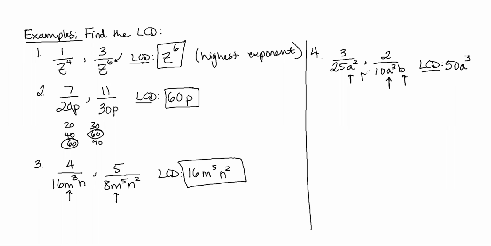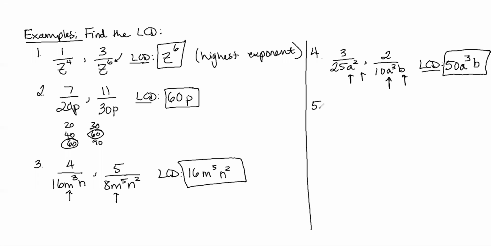So the largest number of b's we have is 1 b. That's the difference between LCD and when you're factoring: if one of these fractions has a factor, but the other one does not, we have to include it in the LCD because that is the largest exponent.